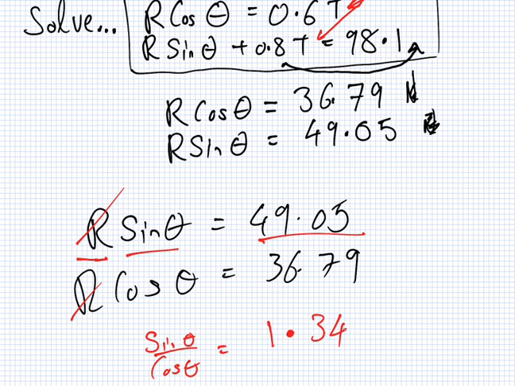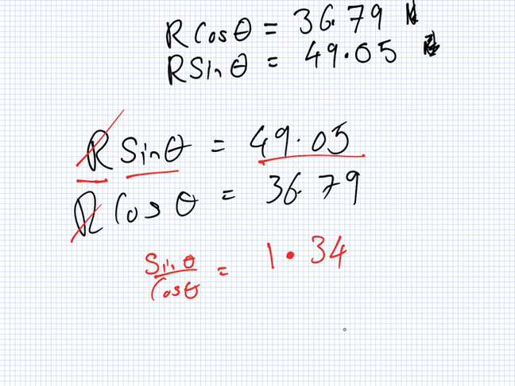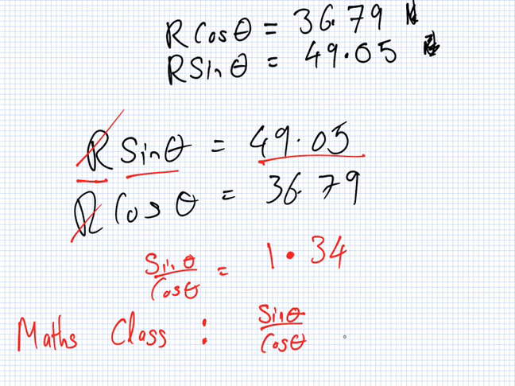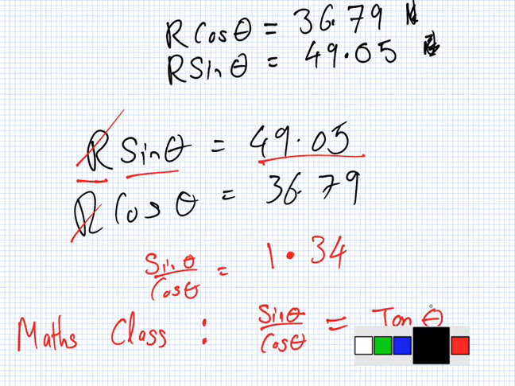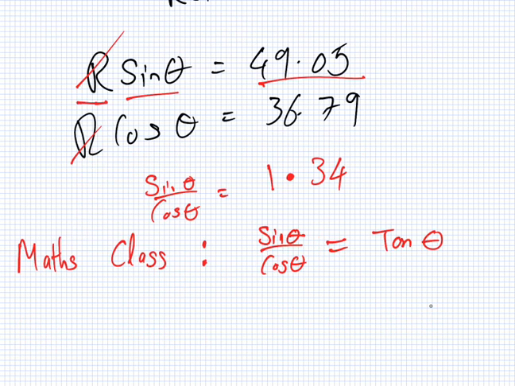1.34. Yeah, okay. Now there's a rule here, and don't worry, we'll do this in maths class. The rule is when you have a sine and you divide it by a cos, that's the same as tan. Like I said, don't worry, we'll do that in maths class, okay?